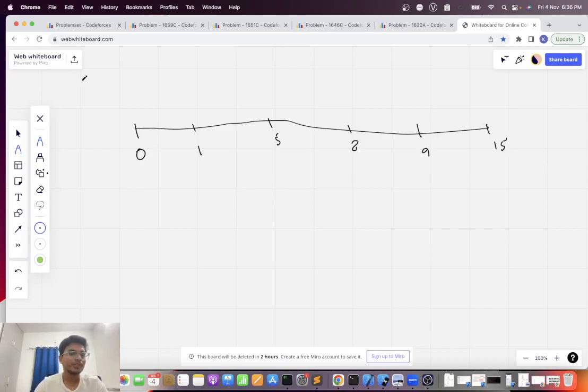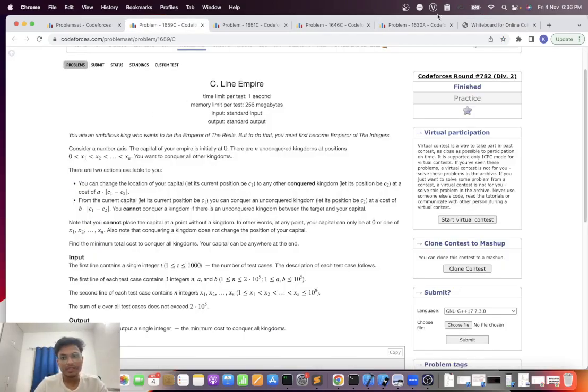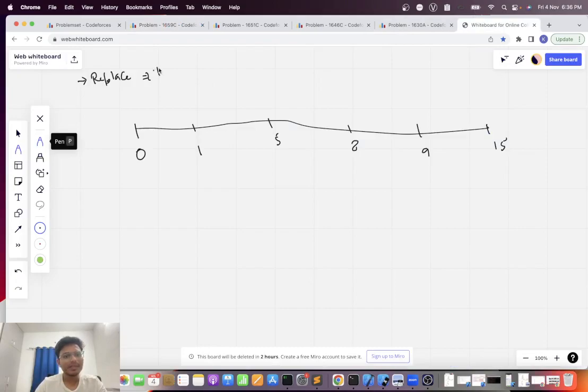I need to do two operations. I can replace the kingdom at any position, let's say c2, to change the location of the capital to c2, so its cost will be (c2 minus c1) times a. That is the distance between them times a.